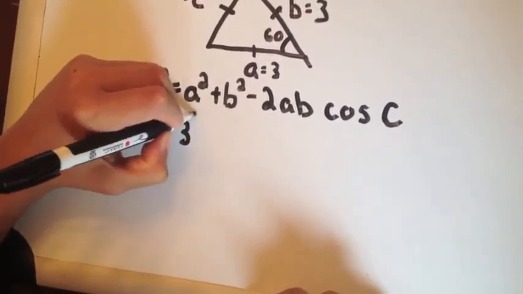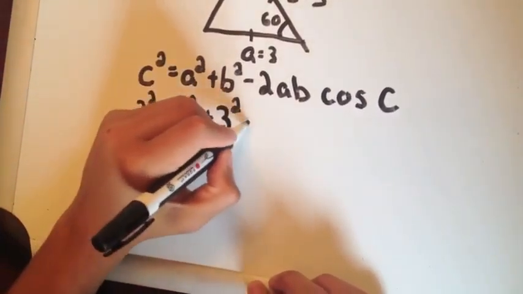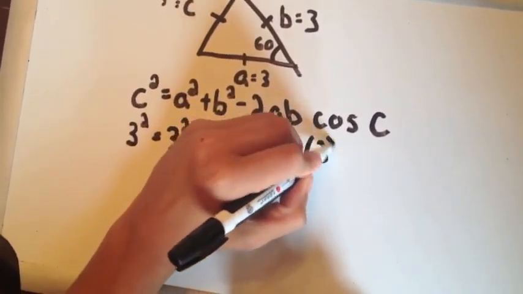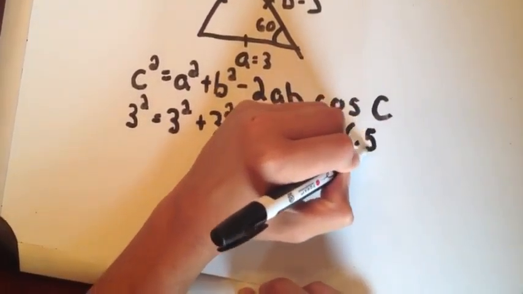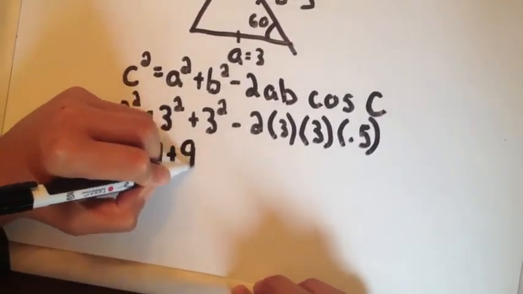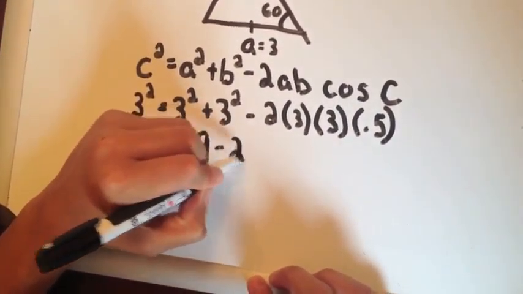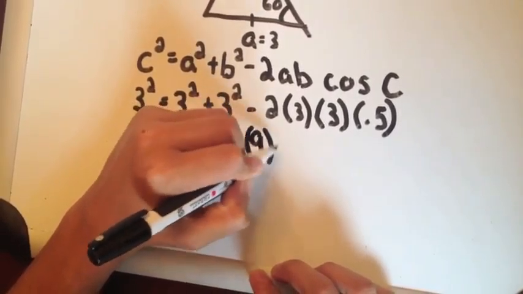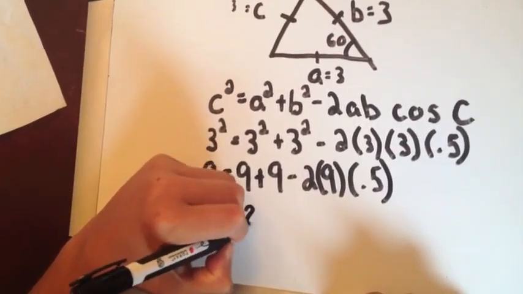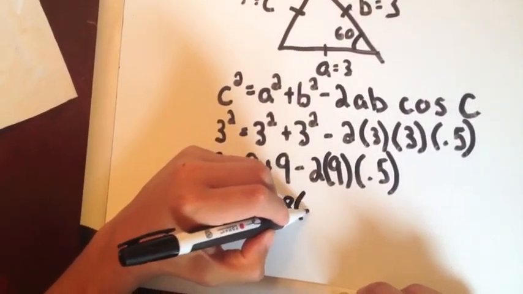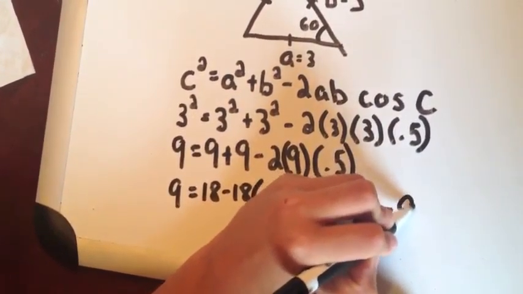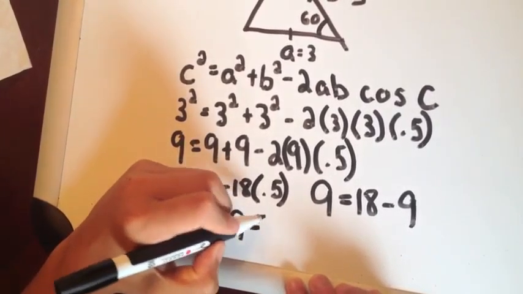So 3 squared is equal to 3 squared plus 3 squared minus 2 times 3 times 3 times cosine c, which in this case is 0.5. So 9 is equal to 9 plus 9 minus 2 times 9 times 0.5. So 9 is equal to 9 plus 9 minus 18 times 0.5. So 9 is equal to 18 minus 9. So this 9 is equal to 9.